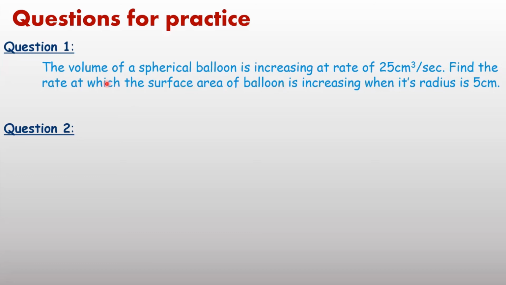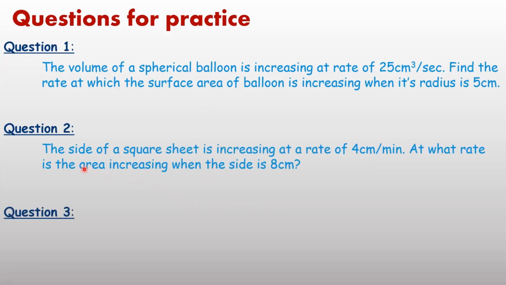Means here given part is volume of a spherical balloon is increasing, increasing is plus sign, 25 centimeter per second. It implies given part is dV by dt equals 25 centimeter per second, and we have to find the rate of change of surface area, means dS by dt, when r equals 5 centimeter.